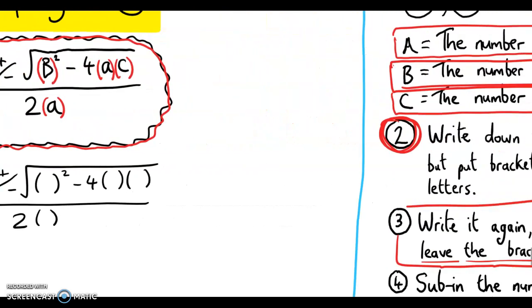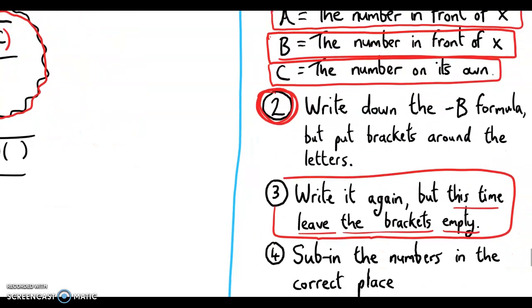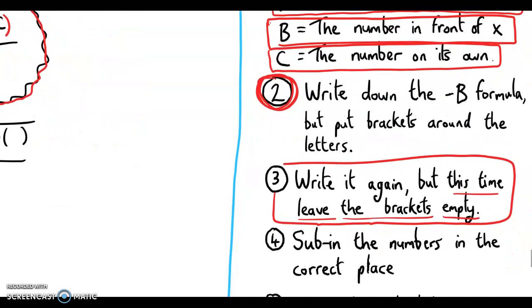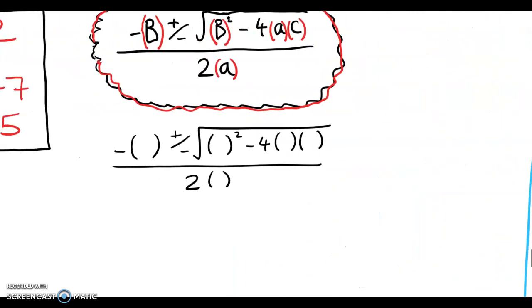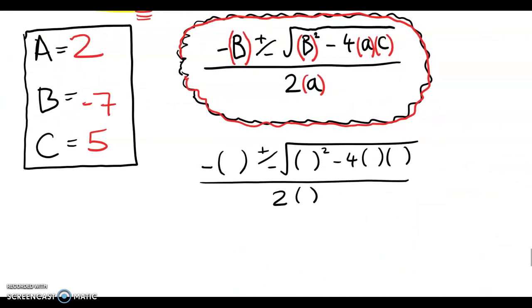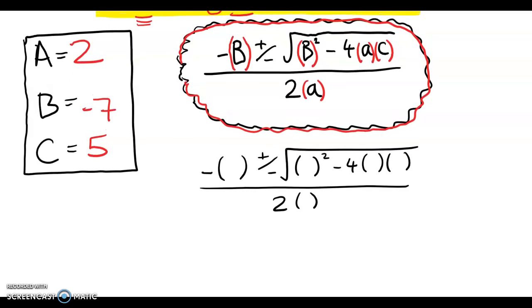Now what's step 4? Sub in the numbers in the correct place. So I have found what A, B and C are. I found that A was equal to 2, B was equal to minus 7, and C was equal to 5.